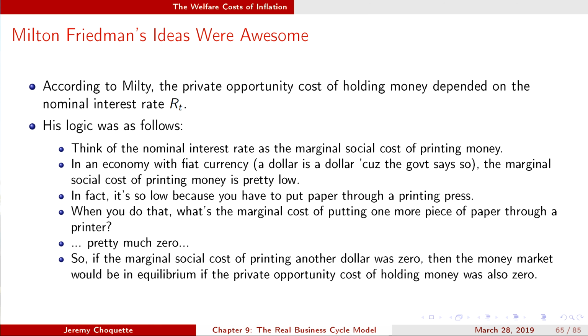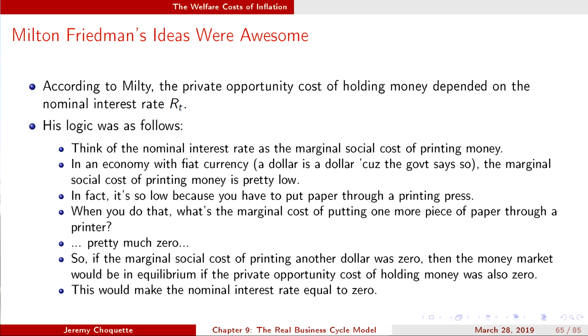So if the marginal social cost of printing another dollar is zero, then the money market would be in equilibrium if the private opportunity cost of holding money was also zero. So if the private opportunity cost is equal to the marginal social cost, which is equal to zero, money markets are in equilibrium.